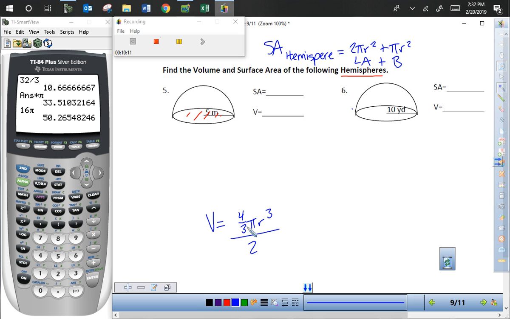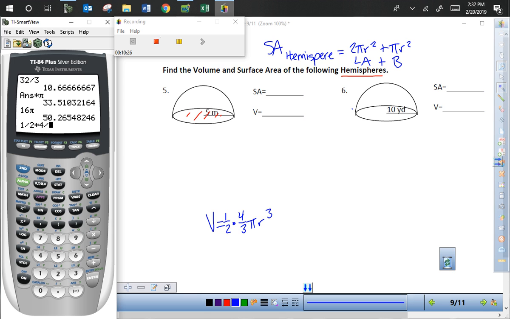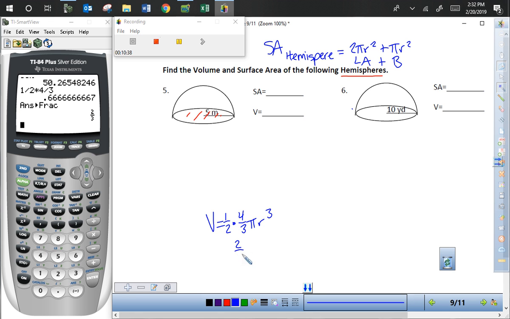Now because we have a fraction in here, it's kind of hard to write that as divided by 2, so instead I want to think about it as times 1/2. When we take 1/2 times 4 thirds, we get this weird looking decimal, but it ends up being just 2 thirds. Here's why.